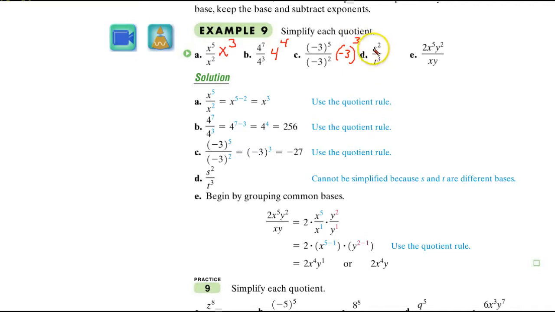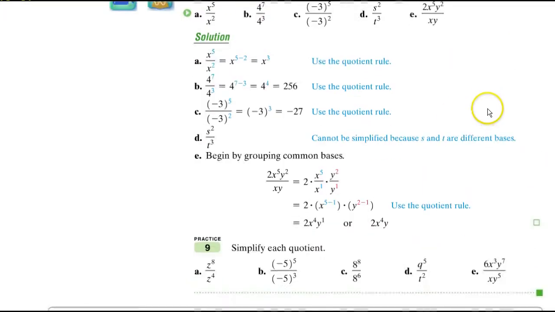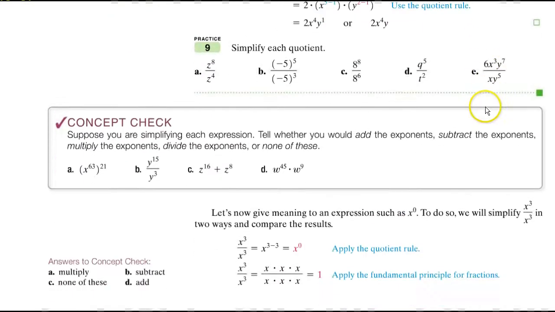Now here they're not like bases, so we can't do anything with that one. Now here we're left with a 2 for the number, but there's a 1 up there that becomes a negative 1, so x to the fourth, y. Okay. We've done some practice, and you will be doing practice.